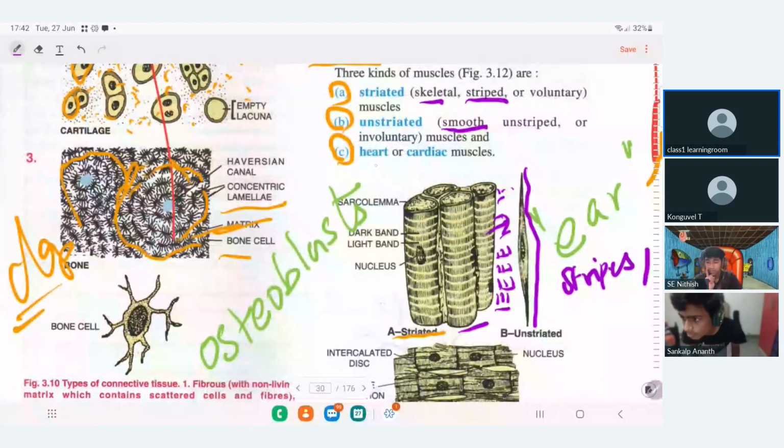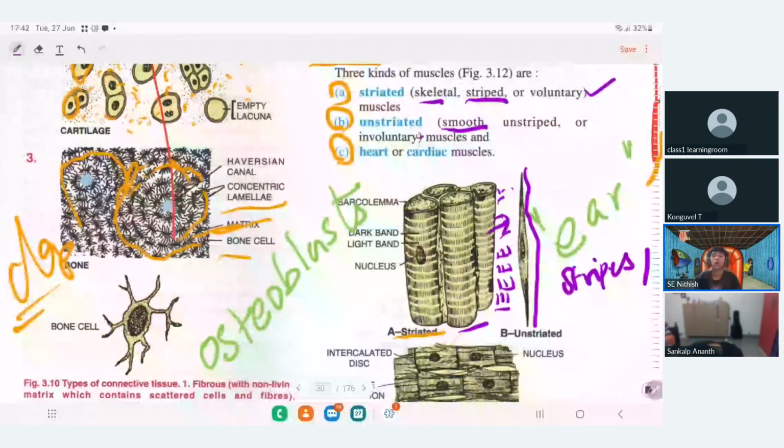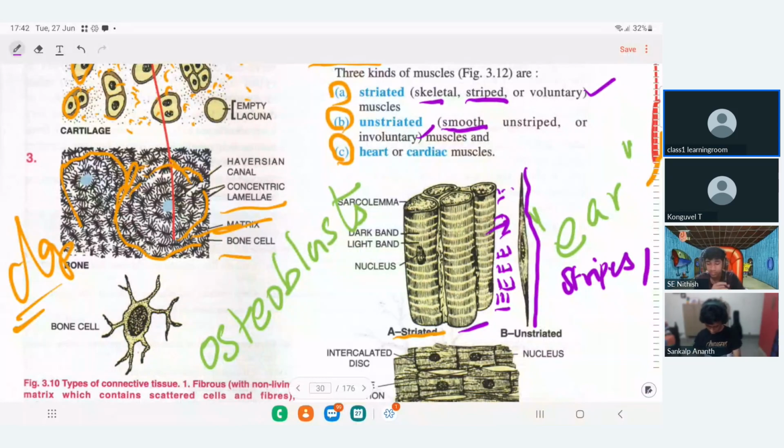Involuntary actions. Okay, you should know what is voluntary action and involuntary action. Voluntary action is under our control. Involuntary is not under our control. Not under control means you have to think. When the thinking process, your brain, is involved, that is called voluntary action.